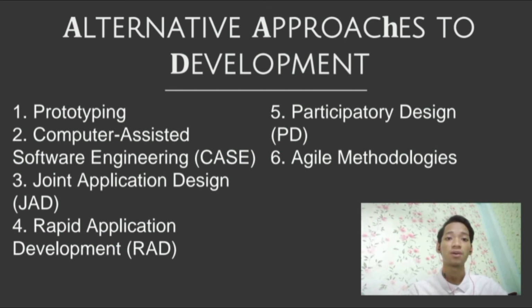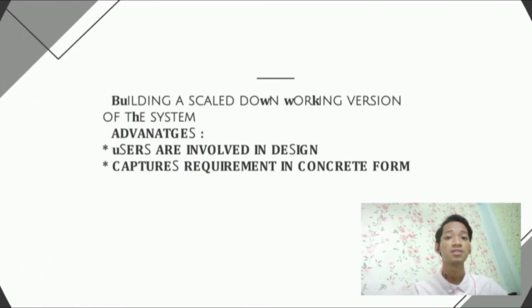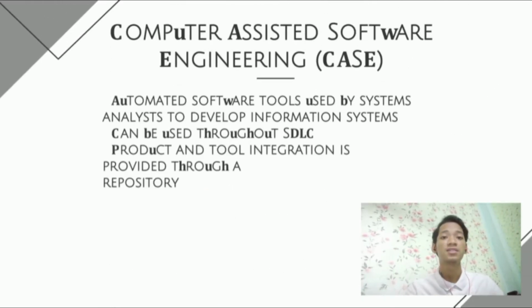Prototyping also offers a way to solve problems and try out new designs before moving to the stage of a finished product. There are several advantages to prototyping, which are that users are involved in the design and requirements are captured in concrete form.